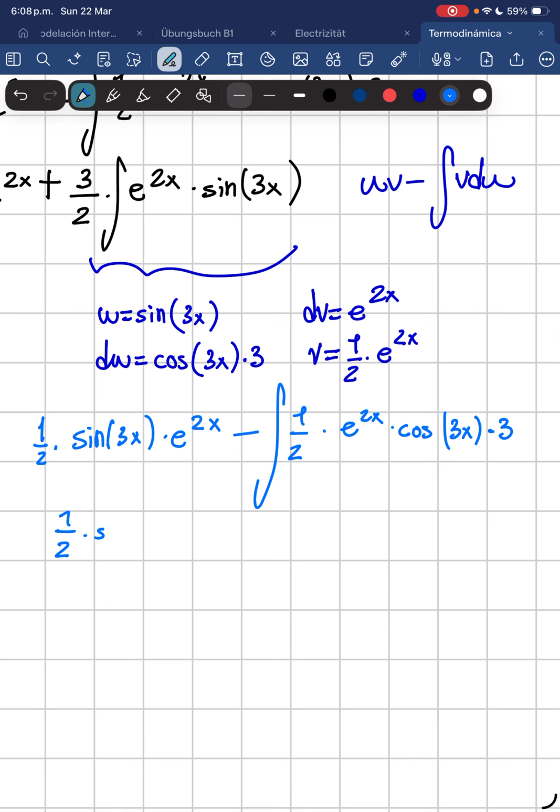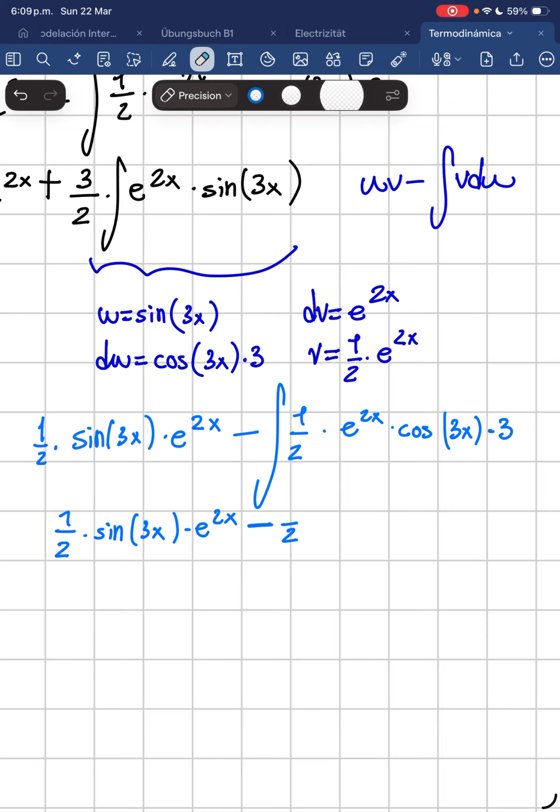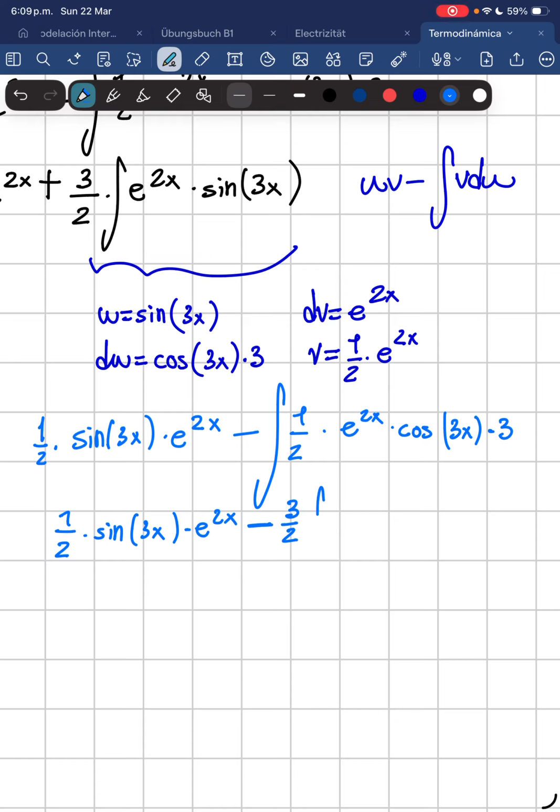This right here stays the same, and as we don't have any positive or negative signs, we just gotta leave this negative sign as it is. Then we're gonna move 1/2 times 3 equals 3/2 times the indefinite integral of e to the 2x times cosine of 3x.